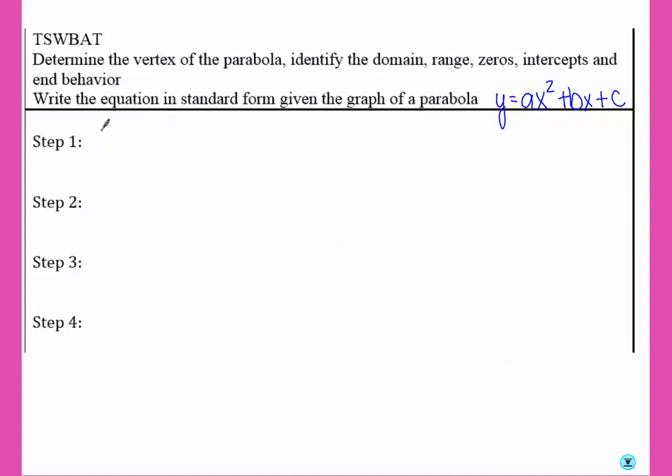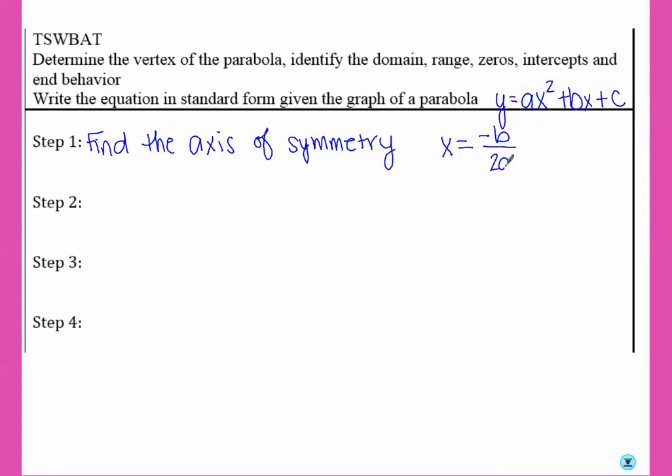So step one, we're going to find the axis of symmetry. And this is going to be the formula x equals negative b divided by 2a.